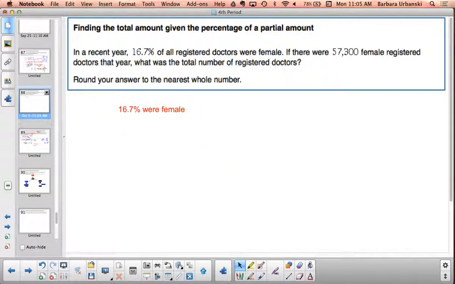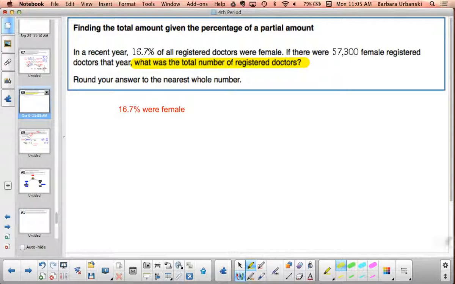Now, what we need to look at, it says of all registered doctors. We don't know the number of registered doctors, and if we read, it asks us what was the total number of registered doctors. That's something we do not know.